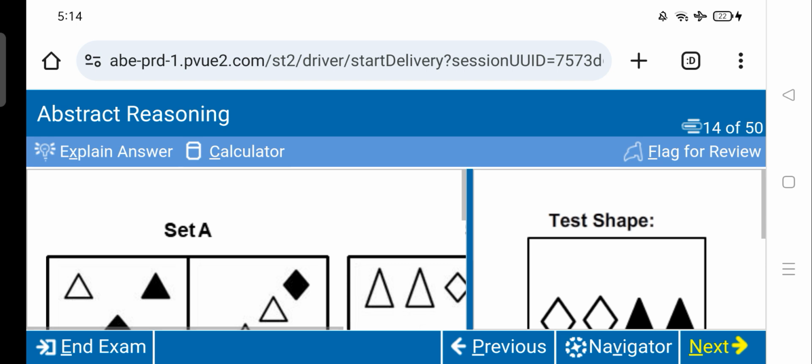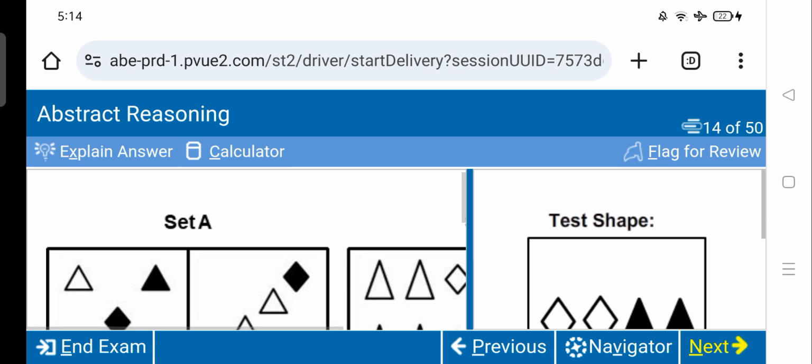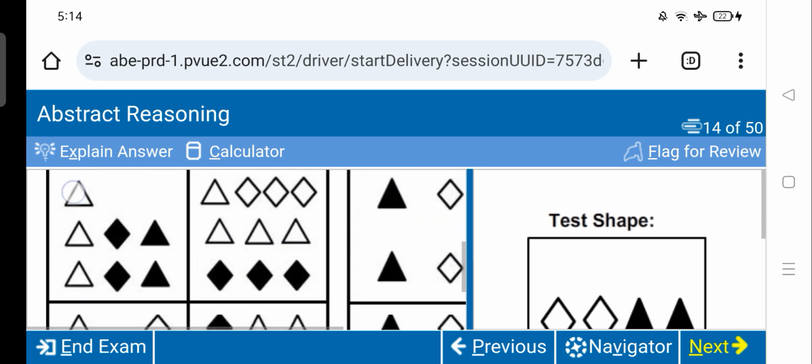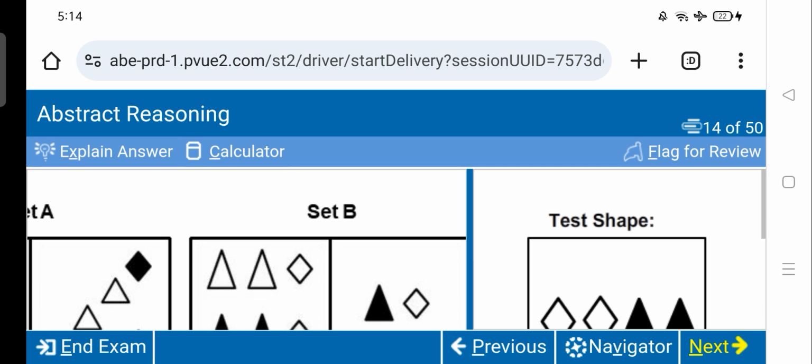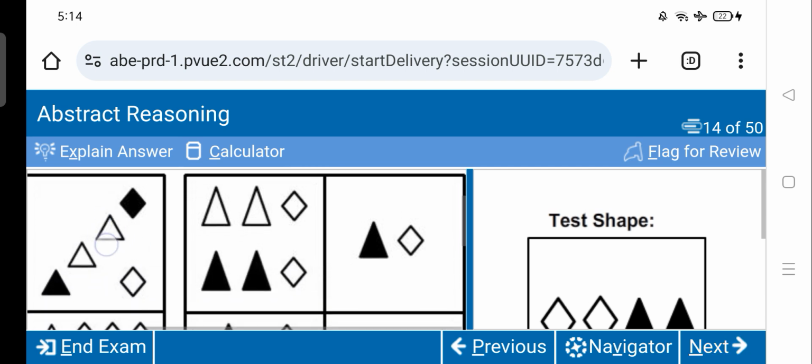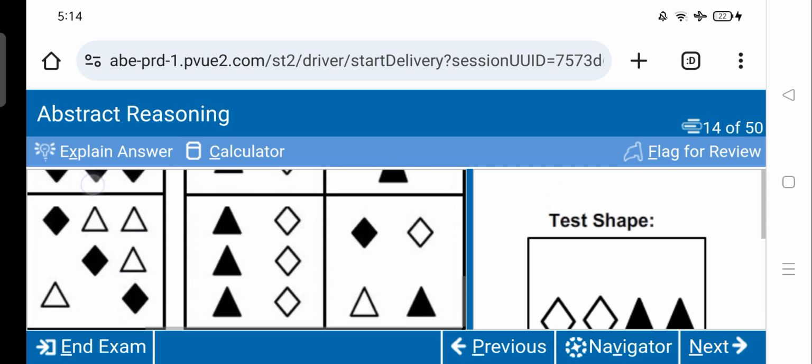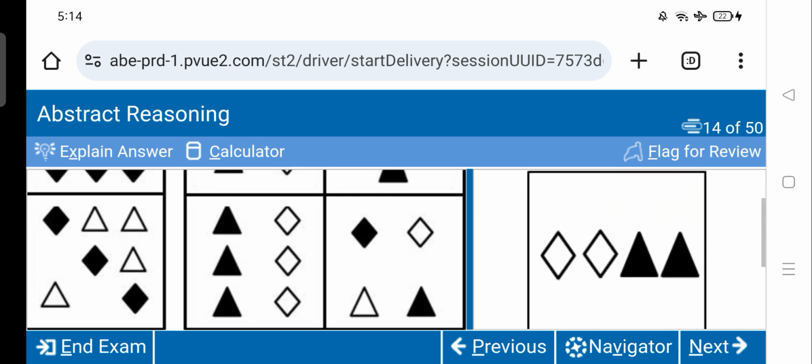Next, now we have set A and set B with the same set of shapes, as you can take a look at these ones. Then we have the test shape, which is like this.